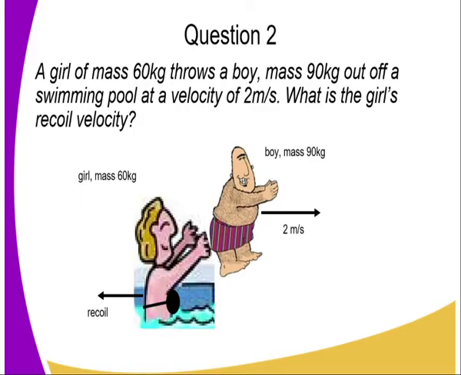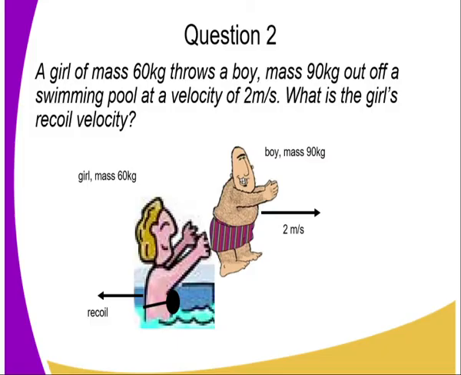So we are required to determine the recoil velocity. Remember that the girl is not stationary in the pool, so she needs to exert some force so that she can push the boy off the boat. So she will experience a force, which will be the recoil velocity.